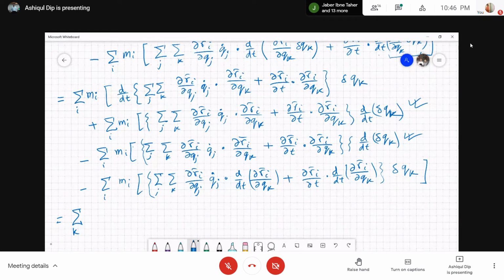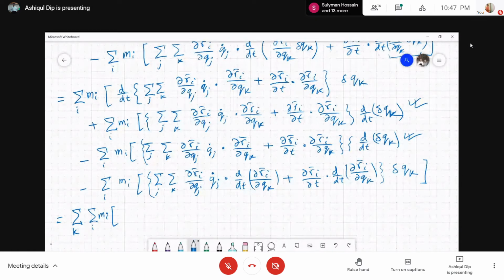So then inside of that we have mi, sum over j. Actually, we have sum over i as well. How do I write it? Okay, sum over k, sum over i, mi. Now I can write it.